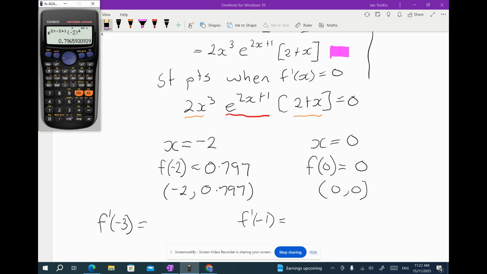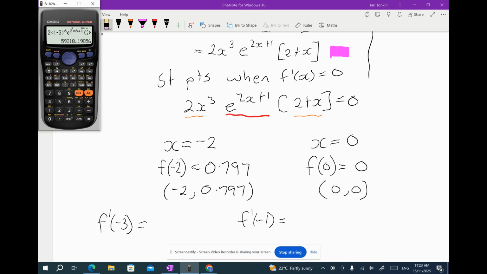So it's, first of all, 2 times bracket negative 3 cubed, e to the 2 times negative 3 plus 1, and then 2 plus negative 3.